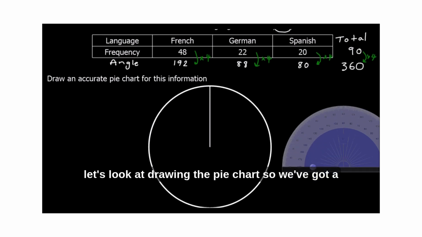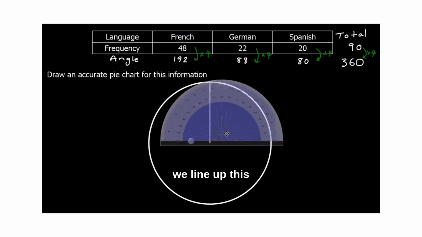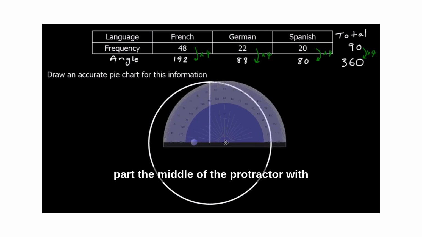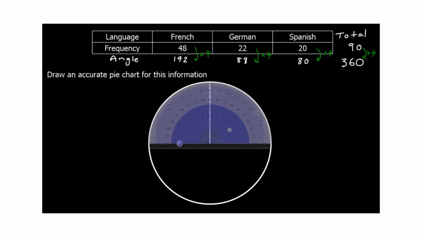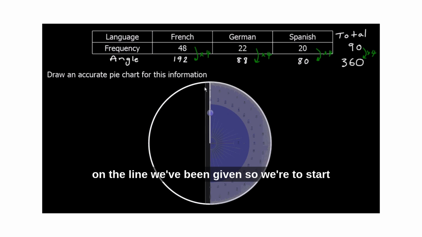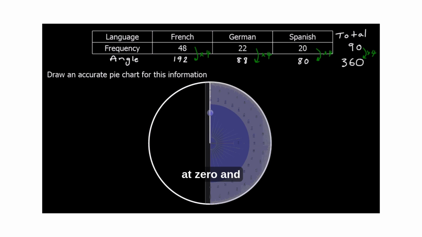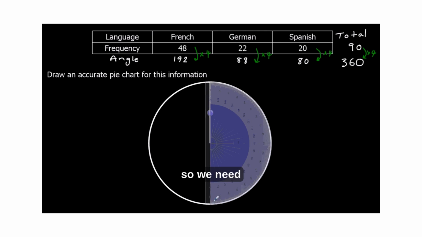So let's look at drawing the pie chart. So we've got a protractor, and we line up this part, the middle of the protractor, with the middle of the pie chart. And we're going to spin it round, so 0 starts on the line we've been given. So we're going to start at 0, and we want to go around to 192 degrees. So this is a protractor that only actually goes up to 180 degrees.